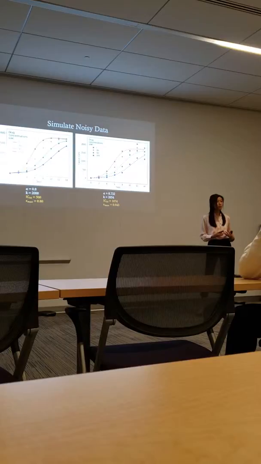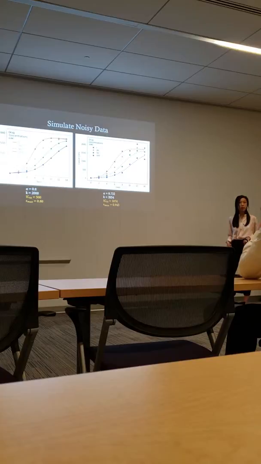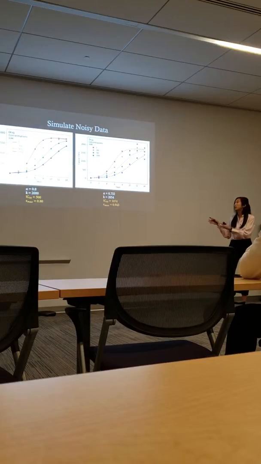So in order to simulate what the conditions would be like in a real biological experiment, we added noise to each of the data points on this graph to obtain this one. So here you have this data set that would potentially be similar to what we would obtain in the lab, and it has some variation from the one before.